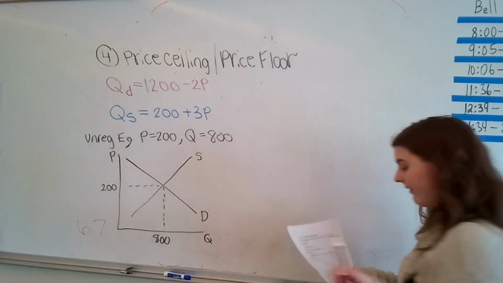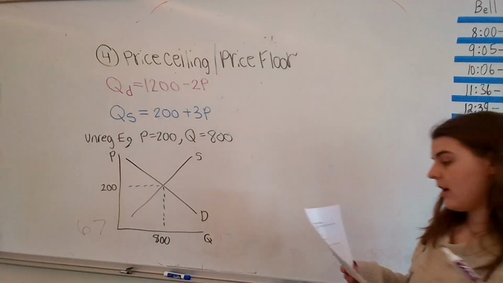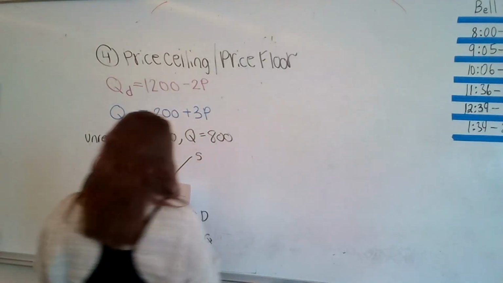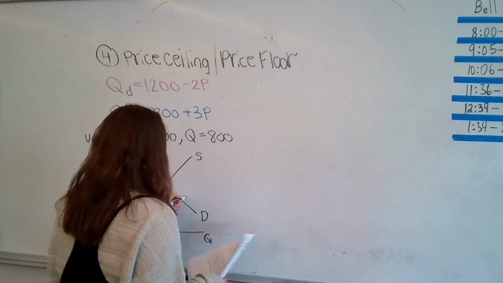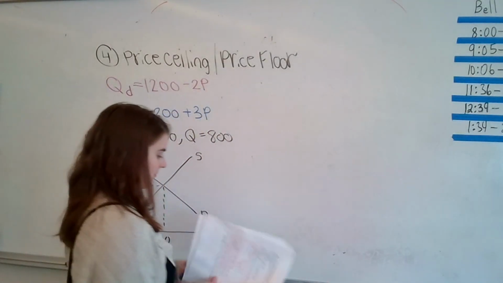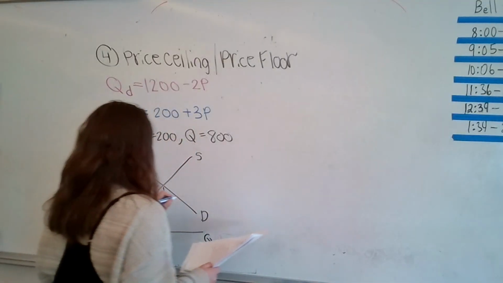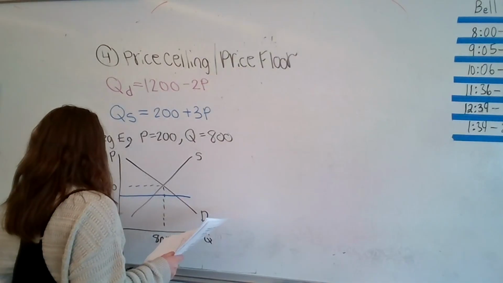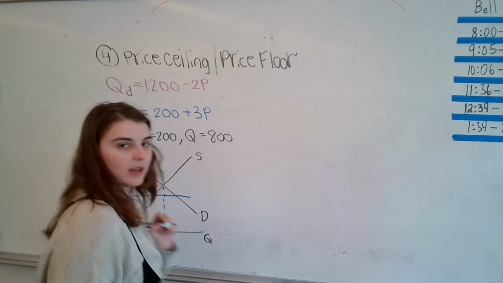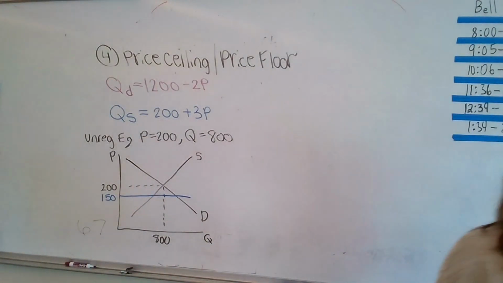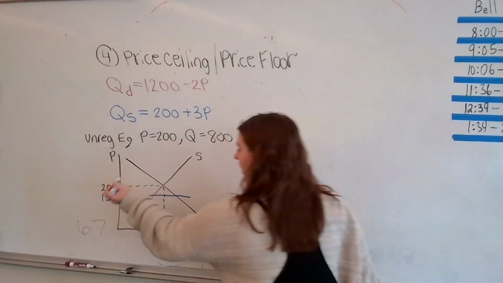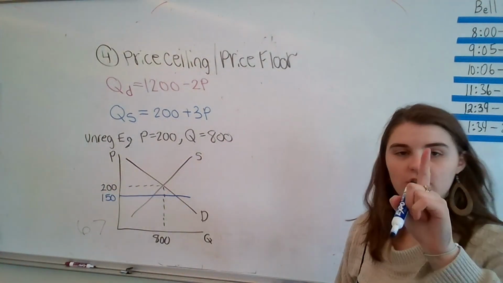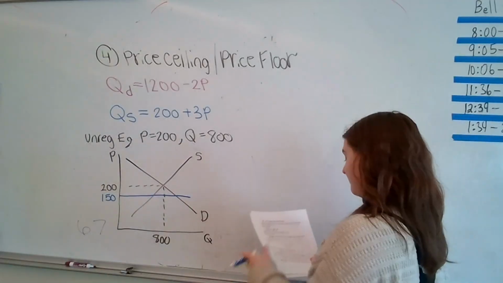We have introduced a price ceiling of 150. 150 is below 200, right? We have a price ceiling. We're saying in our marketplace, you can charge a maximum of 150.